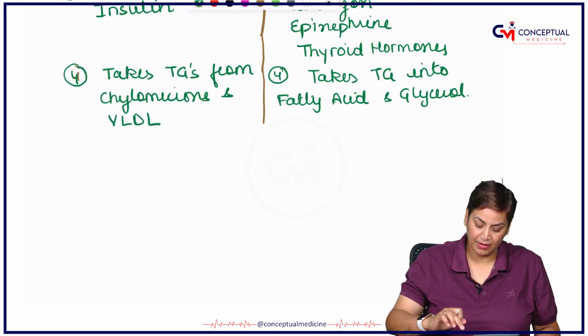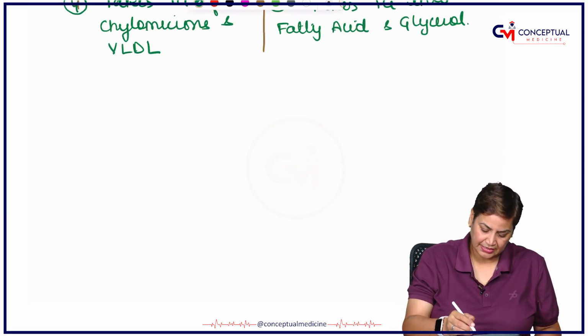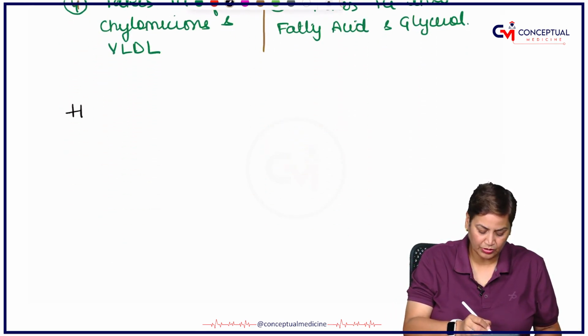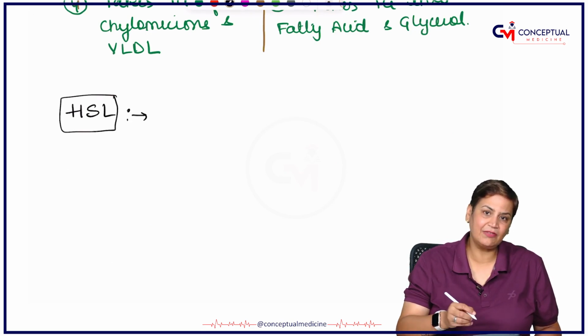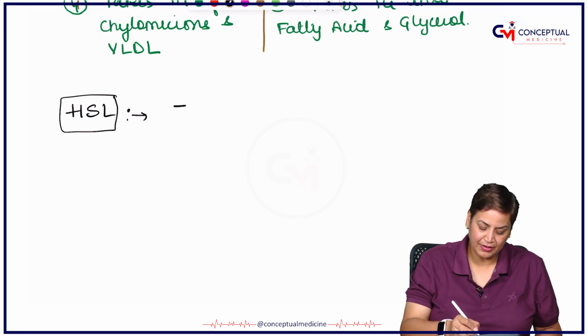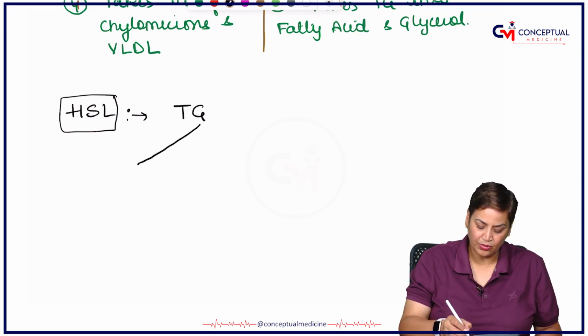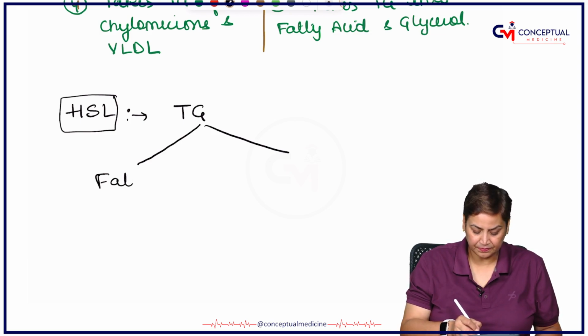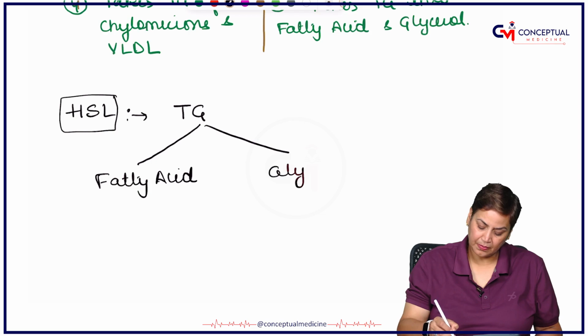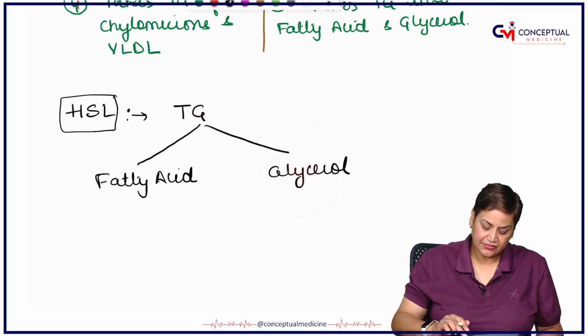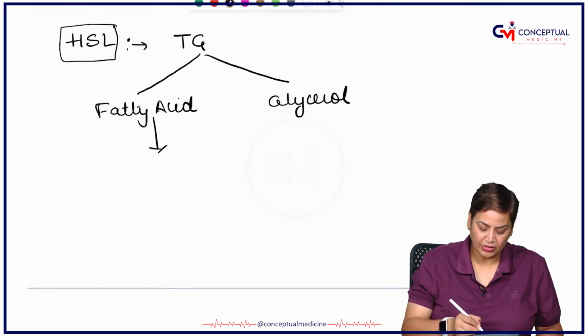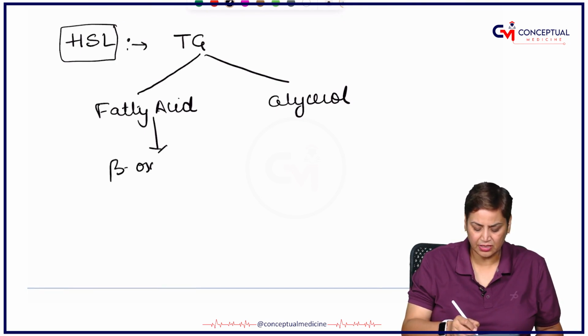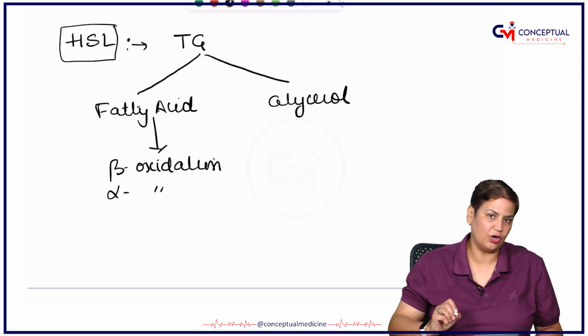Because always remember, if I talk about hormone sensitive lipase, it will do what? It will break these triglycerides into fatty acids and glycerol. Okay, these fatty acids will then undergo oxidation, whether it is beta oxidation, alpha oxidation, or omega oxidation.